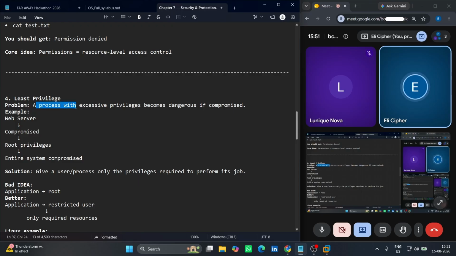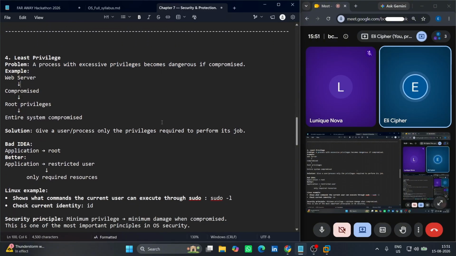A process with excessive privilege becomes dangerous if compromised. If you take a look here, we discussed everything from the process to the resource to the user, right? Because security matters a lot. It can either destroy or save everything.